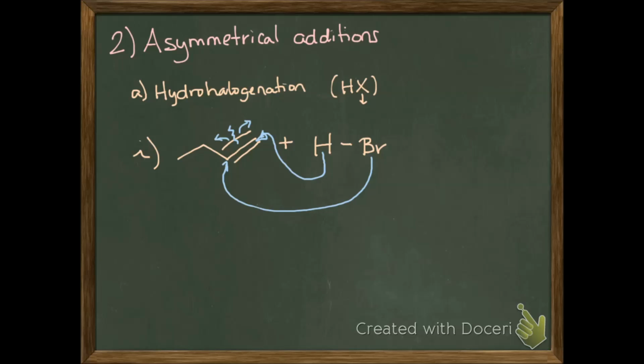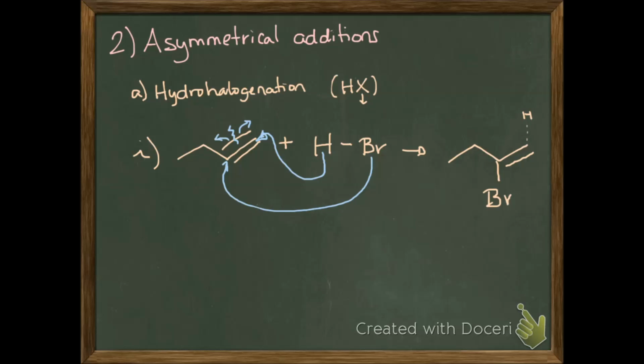So in the first step, what we will have is an alkene with the bromine here. And the hydrogen will go here. We will not draw it, but it goes here. Okay, this is a hydrogen.